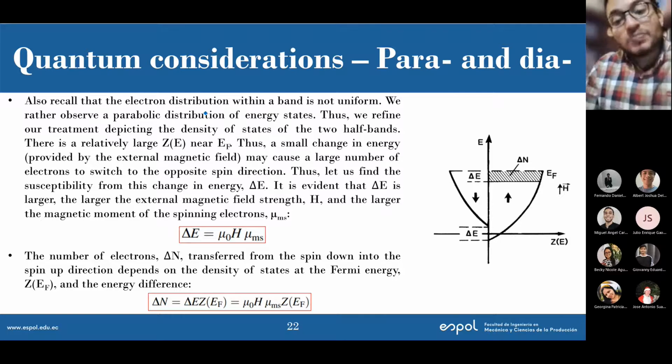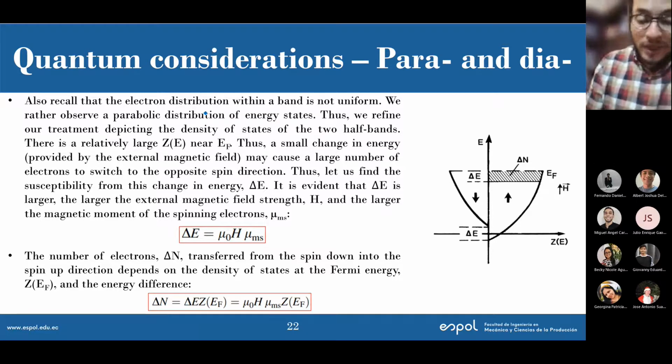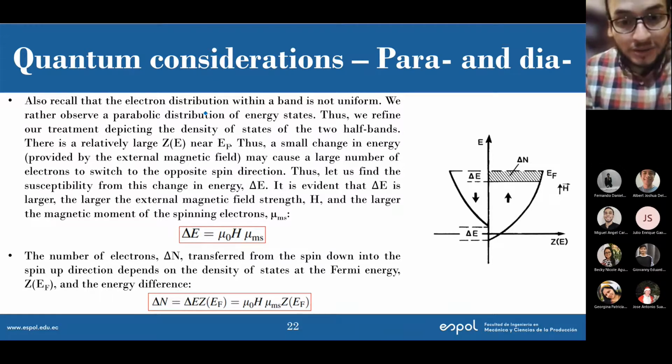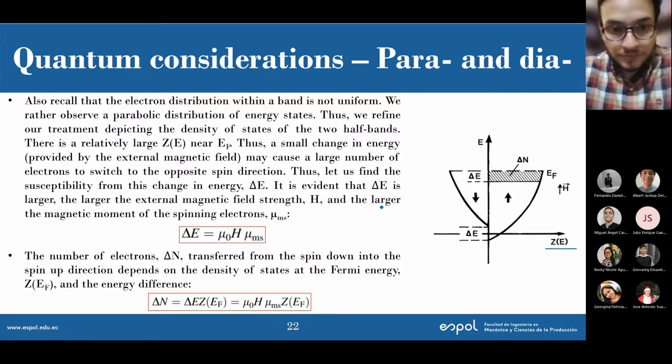So let's take back this concept that we haven't talked about in a while, I believe, the population density. Remember, that is how the electrons are distributed in a band, right? This function, population density, is what determines that.